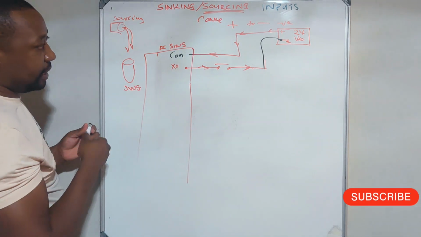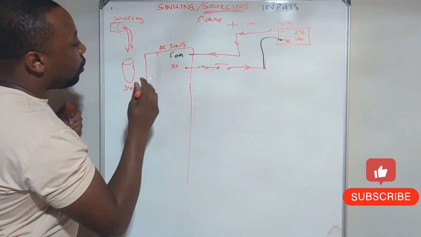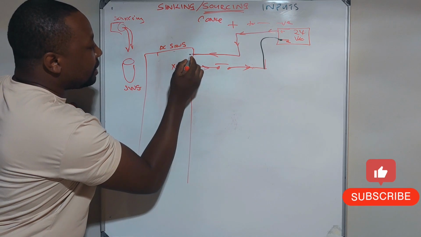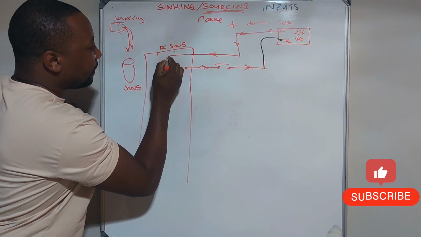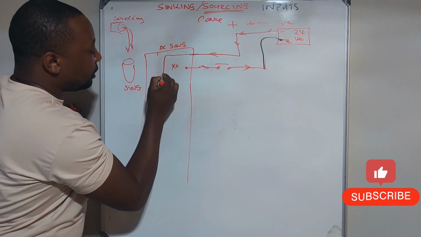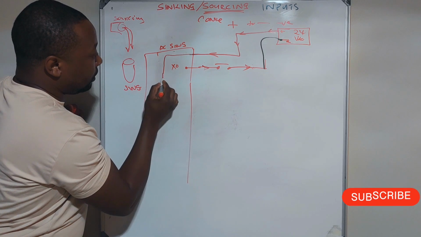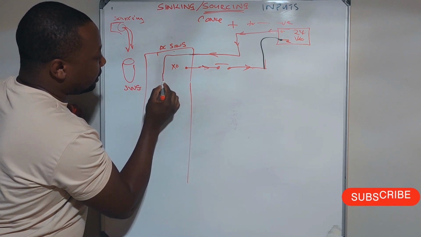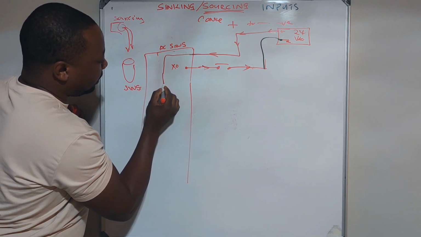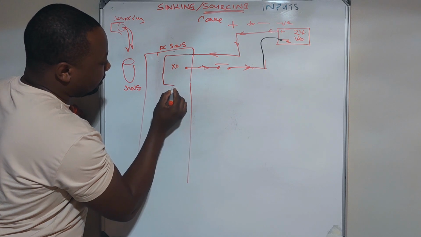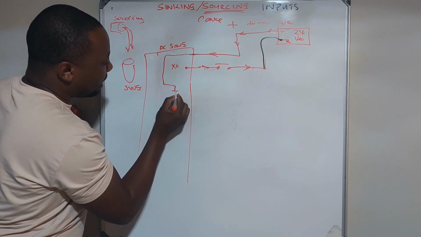On the common, your common is inside the PLC. Then it will be wired like this. That is a positive.